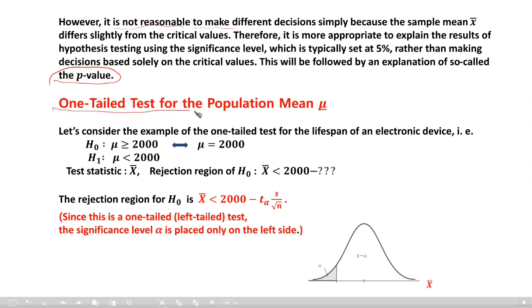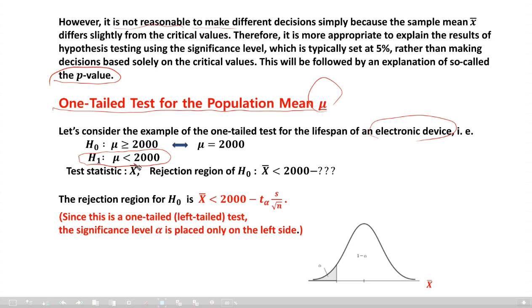Now, one-tailed test for population mean mu. I took this example before. One-tailed test for the lifespan of an electronic device. The company wants to test this kind of thing. H1 here, H1 is mu less than 2000.